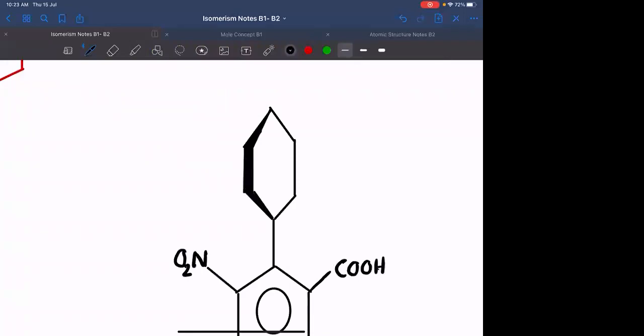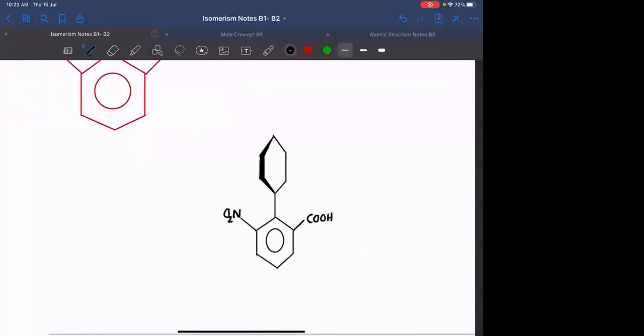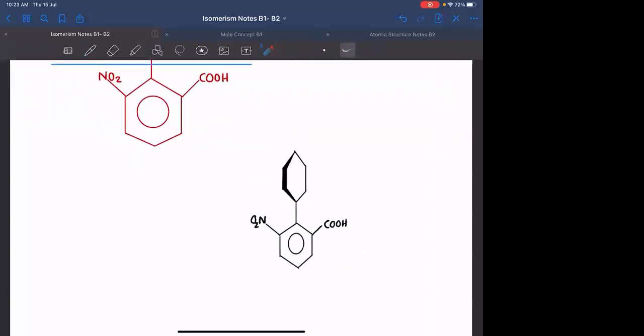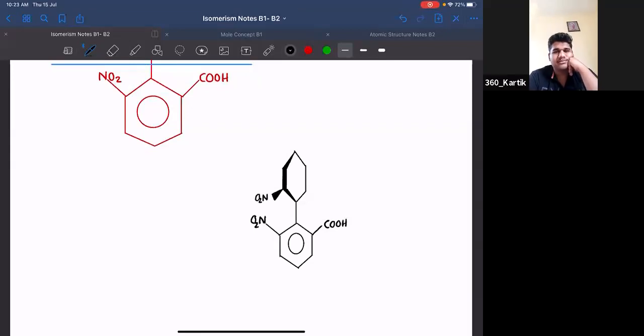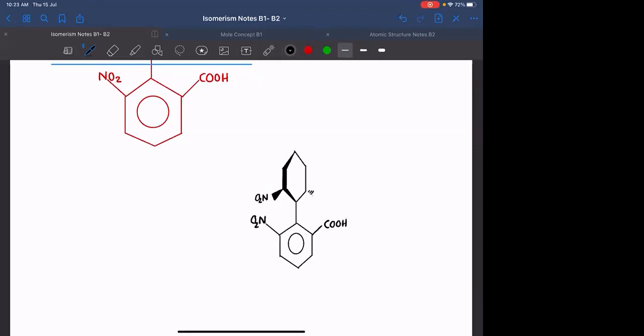So this particular part is coming out of the plane. Okay. And this particular part of the benzene is going into the plane. So if this is coming out of the plane, और जो NO2 है, it will also come out of the plane. Agreed? Yes. And वो जो COH है, now it will be going into the plane.